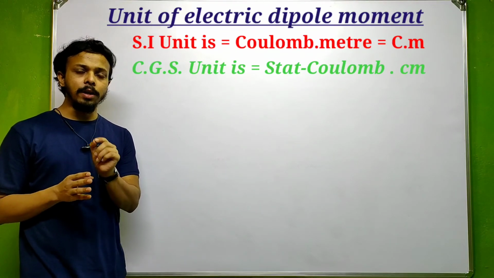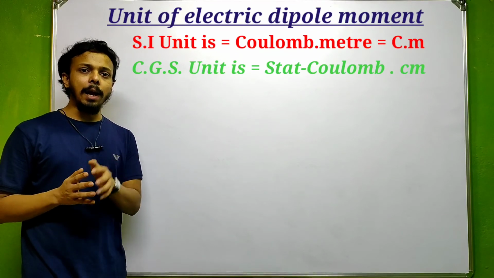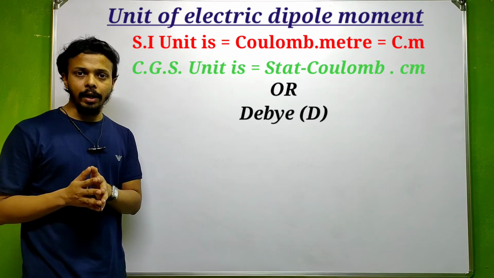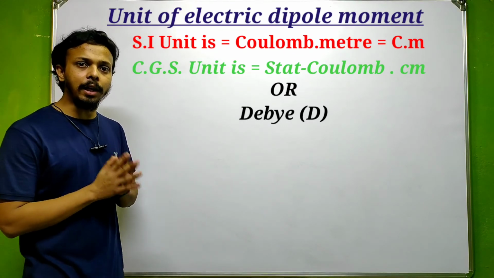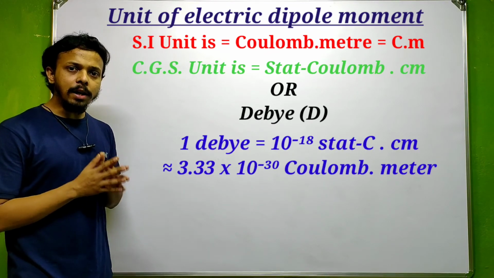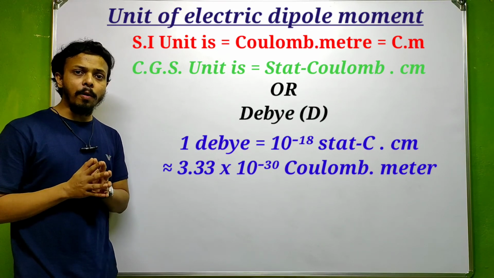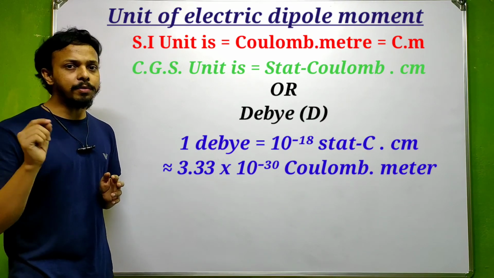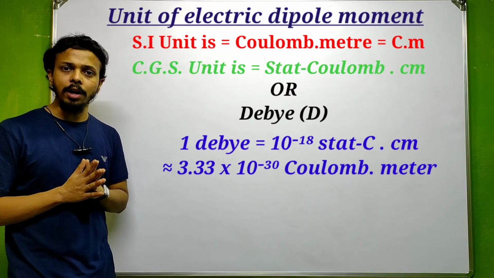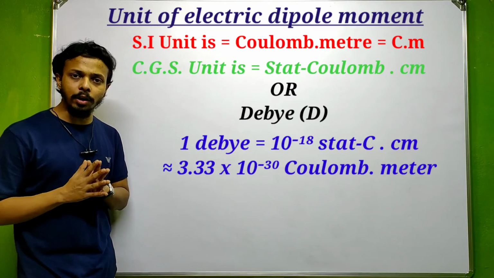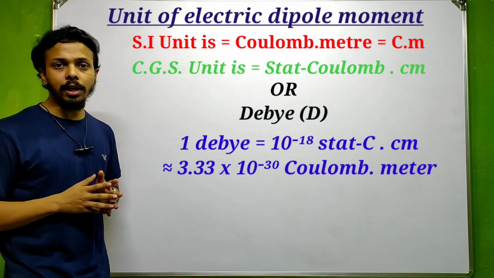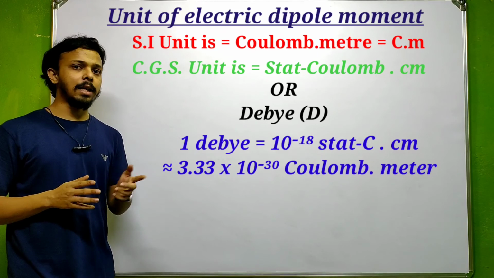It is the unit of electric dipole moment in the CGS system, and this is also called debye, denoted by capital D. As a conversion factor, 1 debye is 10 to the power minus 18 stat coulomb centimeter, which is approximately equal to 3.33 into 10 to the power minus 30 coulomb meter in the SI system.